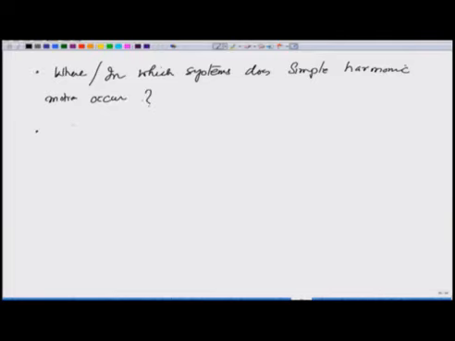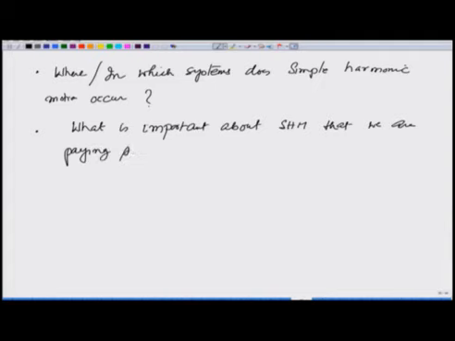And two, what is important about simple harmonic motion that we are paying so much attention to it? So, I will answer the first question and then we will go to the second one.